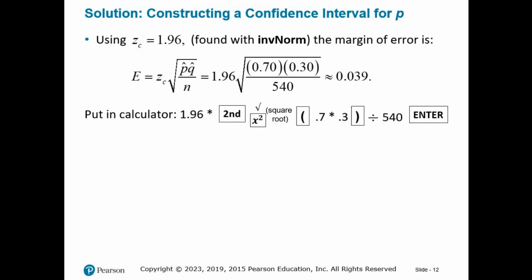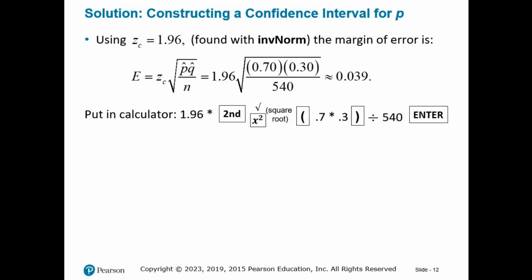Here's how I would enter this into the calculator. I'd input 1.96, then the multiplication button, then the second button, then the little x squared button, which has the square root above it, then open parentheses, then 0.7, then the multiplication button, then 0.3, then close parentheses, then the division symbol, then 540, then enter.